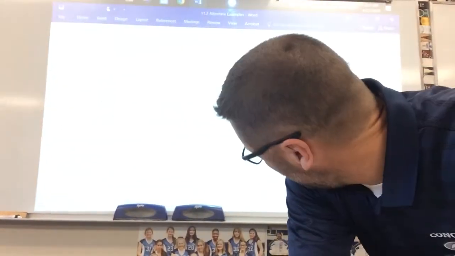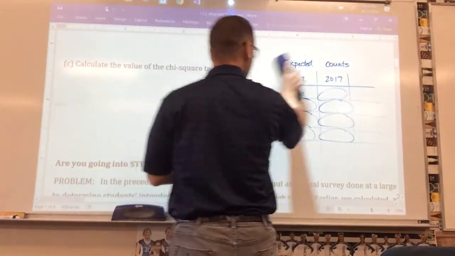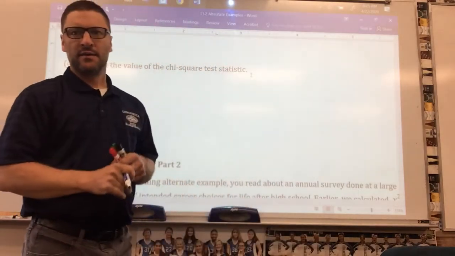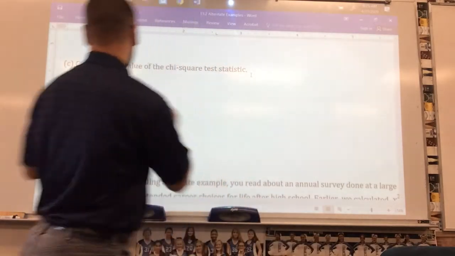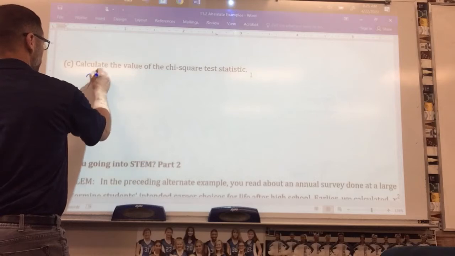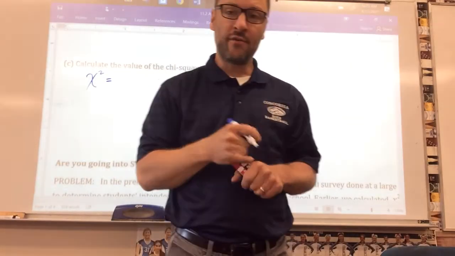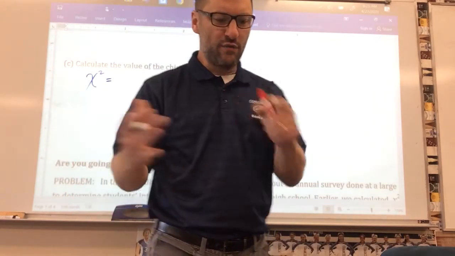Okay, now on the bottom one, letter C, it says calculate the value of the chi-squared test statistic. It's going to take a little bit. I'm going to get you part way there. Chi-squared is observed minus expected squared over expected.